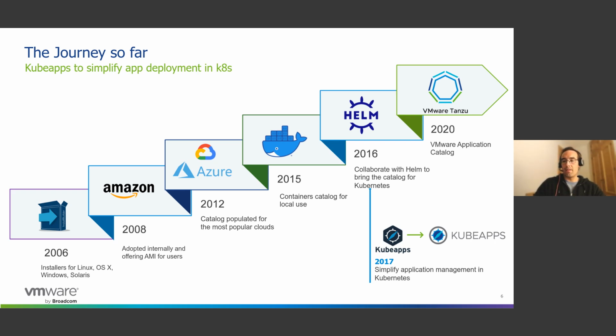After that, the VMware Tanzu application catalog, the enterprise version of the Bitnami application catalog, went live, and we can see later in the demo how it is possible to work together with Kubeapps.